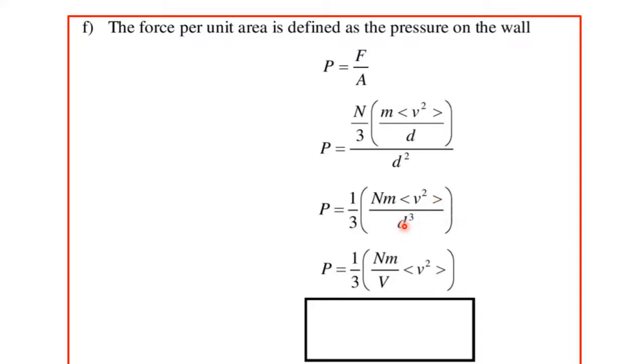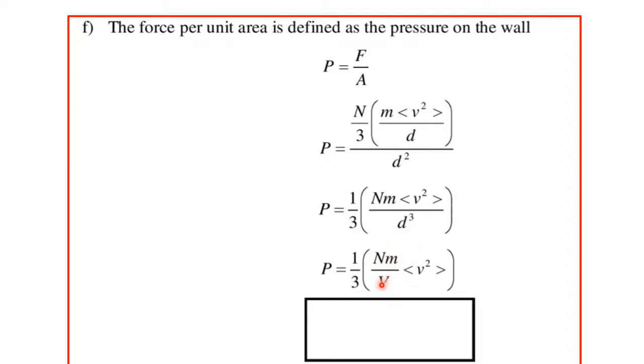Okay, and then kita kumpulkan volume. Okay, kat sini, N M over V. Sebab ni datang daripada D cube ni, D times D times D, or length times length times length is the volume. So kat sini dapat N M over volume.